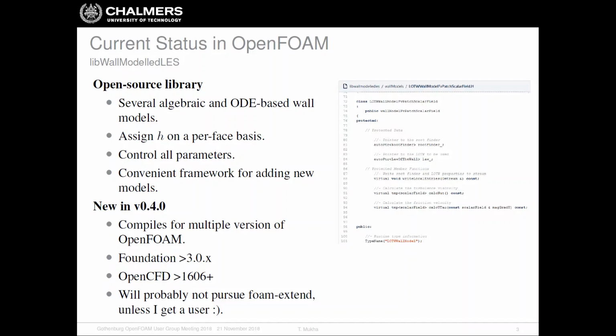There are, I think, two algebraic wall models, one for smooth walls and one for rough walls. The one for smooth walls is actually based on the Spalding law, which I introduced on the previous slide. It works fine, so you can go ahead and use it as a wall model. But unfortunately, that's the only thing that's there.